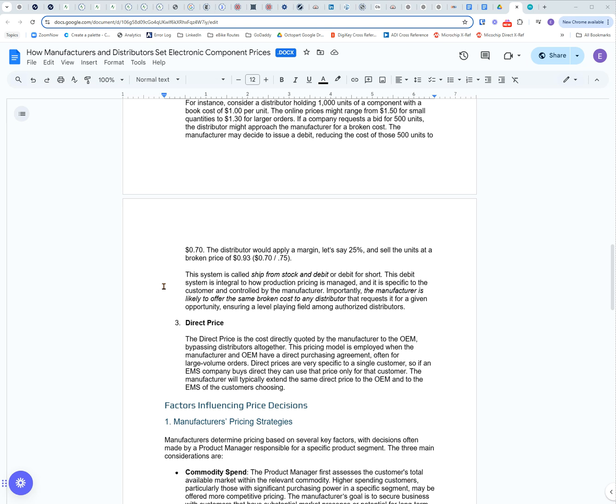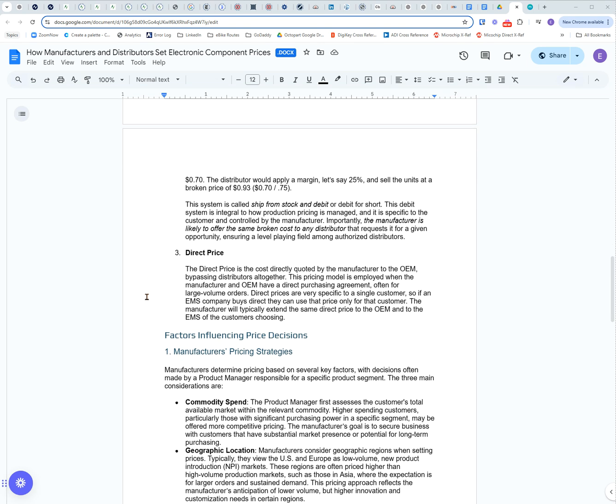It encourages a level playing field. There's certainly nuances to how that works, and some play that game better than others. But the idea is the manufacturer wants you, the customer, to be able to buy from the distributor of your choice at the favored price that the manufacturer wants to extend to you.